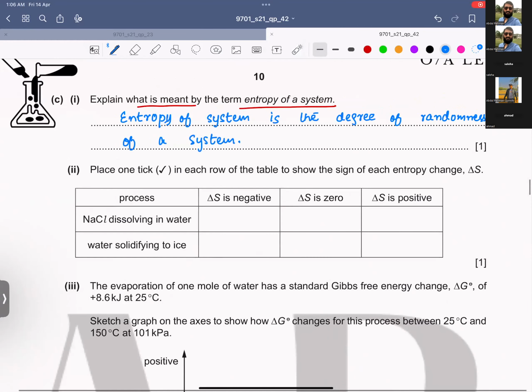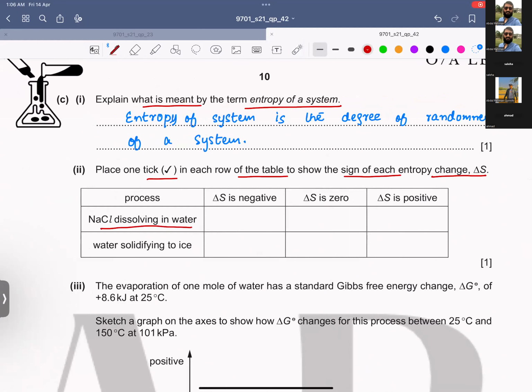Now, place one tick in each row of the table to show the sign of each entropy change. Dissolving sodium chloride in water, so a solid is turning into an aqueous state. So there is an increase in disorderness, so the change in entropy would be positive.